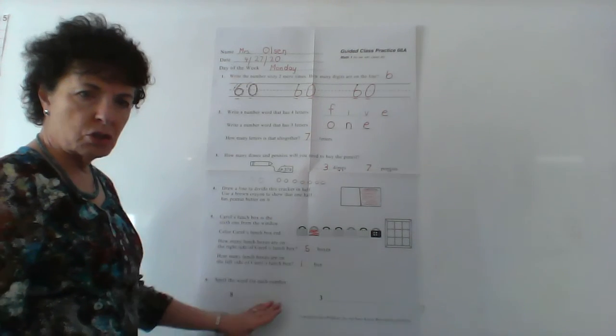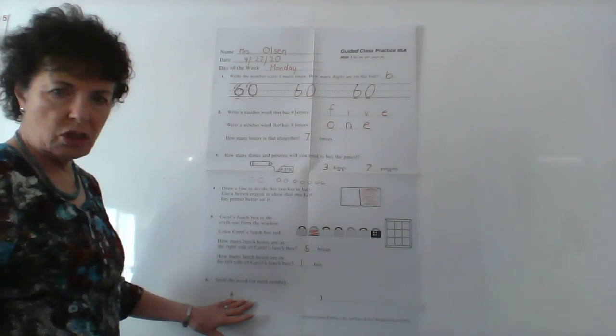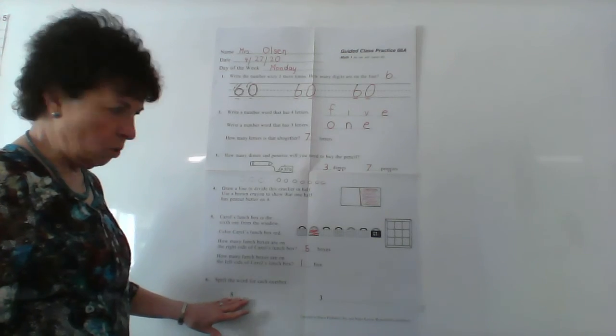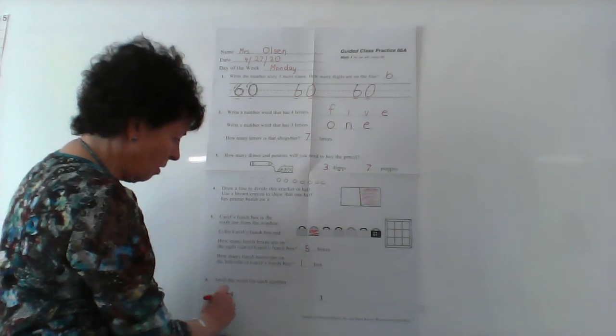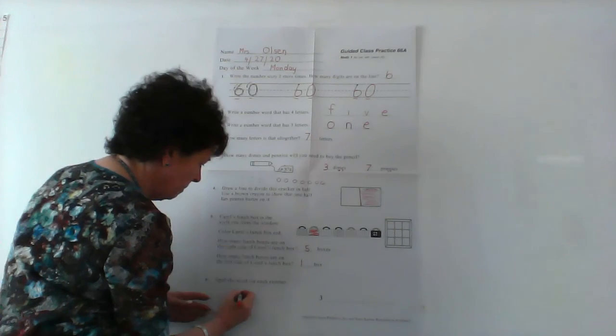Now, back to your office that you have and your number words. They're asking you to spell some of the longer ones today. They are asking you to spell 8.